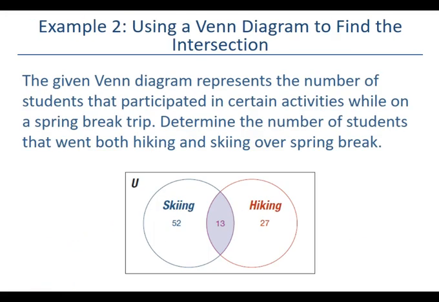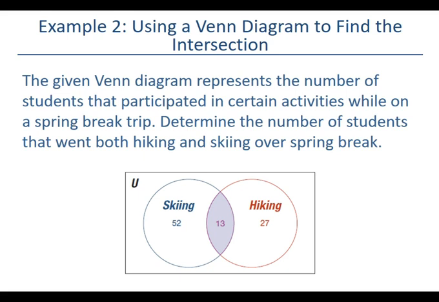Now in example 2, you want to write that down. We want to use a Venn diagram to find the intersection. So here, this is a Venn diagram representing students that went on a spring break trip. Some went skiing, some went hiking, and some did both.